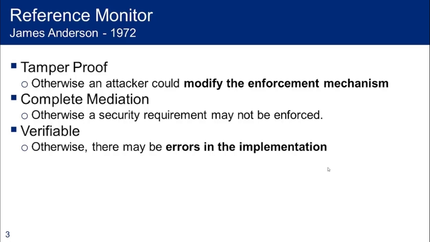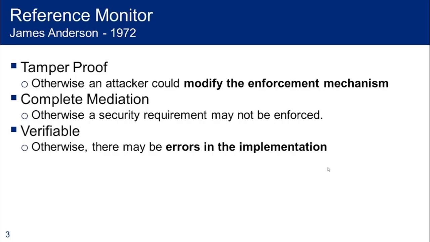The first requirement for a reference monitor is a kernel that is tamper-proof. If it is not, an attacker could modify the enforcement mechanism of the system, circumventing its security. The second requirement is the reference monitor must provide complete mediation of all security-sensitive operations. If all these operations are not mediated, then a security requirement may not be enforced. For example, a secret may be leaked or trusted data may be modified by an untrusted process.